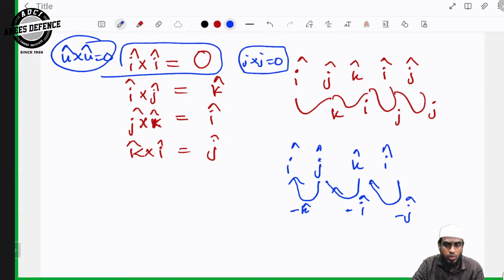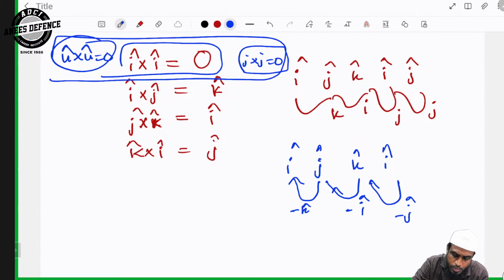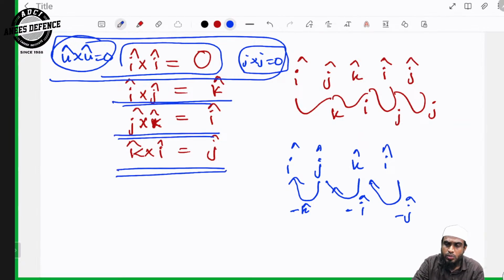But I cross j will be equal to k, j cross k will be equal to I, k cross I will be equal to j. We have to follow in order. But in reverse order, k cross j is minus I, j cross I is minus k, I cross k is minus j. So that is the important result.